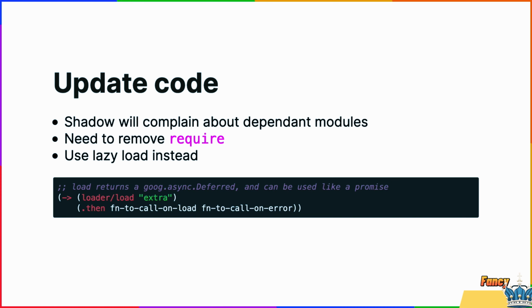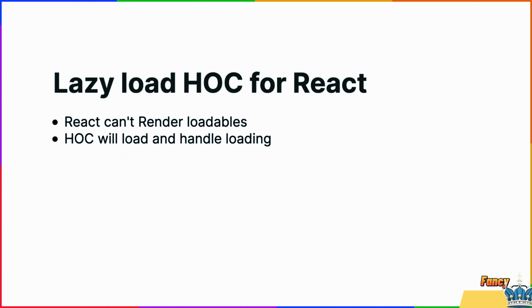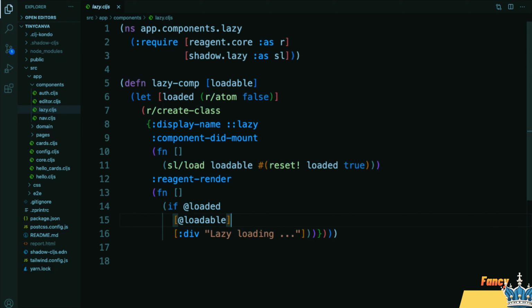Load returns a goog.async.Deferred and can be used like a promise. The string argument is the name of the module that we defined and could be main or login in our example. We need to create a lazy component because there is no easy way to use a promise with React Router. Let's create a lazy component to load our React components dynamically.